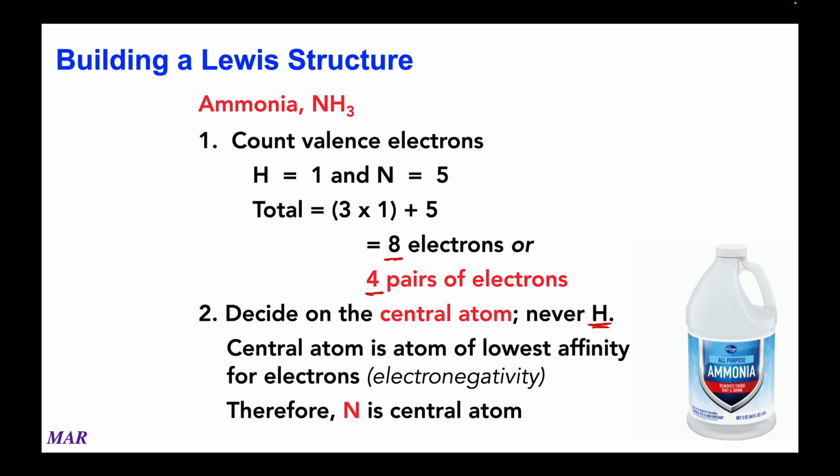So this is kind of silly. Now, in other molecules we'll see that are a little bit more sophisticated, the central atom is always the atom of the lowest affinity for electrons. What that means is it's the lowest electronegativity atom that goes in the middle. But on a practical level, most of the time, the first atom listed in a formula is the atom that goes in the middle.